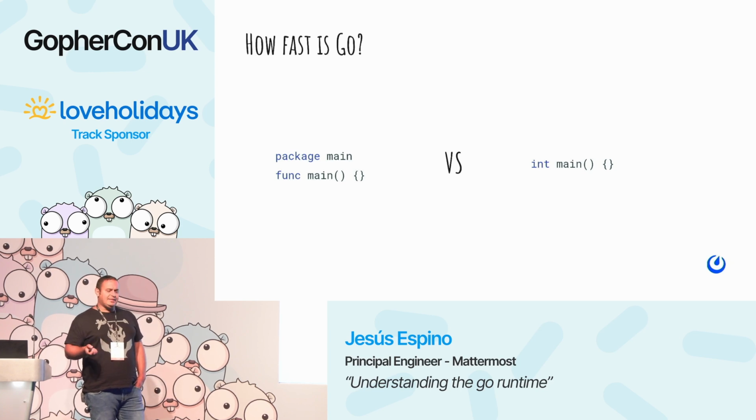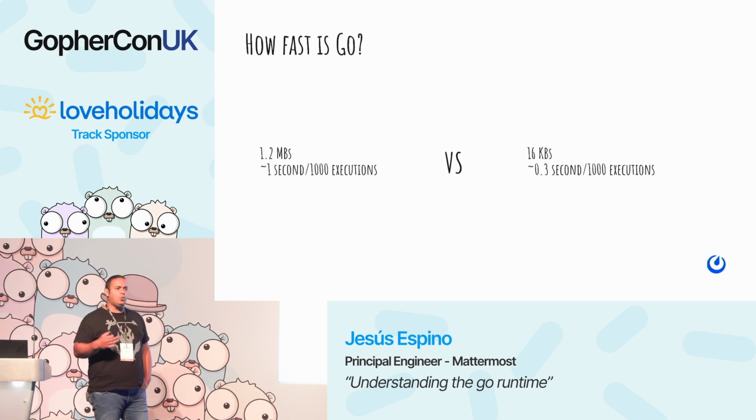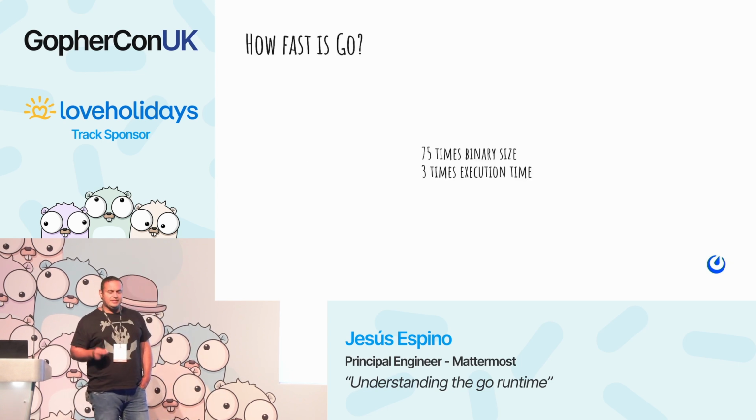If you compile and execute that, what you are going to get is that the Go file generated is 1.2 megabytes, and it's going to take 1 second to execute 1,000 times. That is pretty fast, to be honest. But on the C side, you have 16 kilobytes and a third of a second to execute 1,000 times. So Go is taking 75 times more space and 3 times more execution time for doing nothing. That is kind of weird, right?